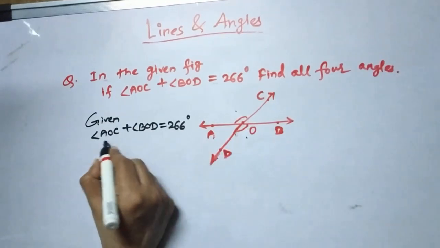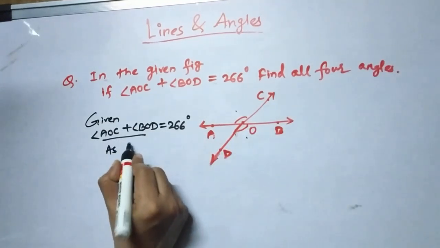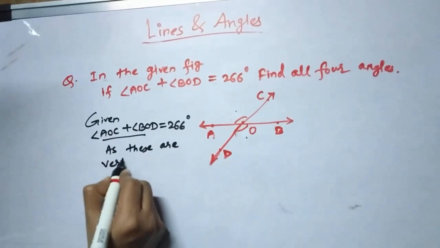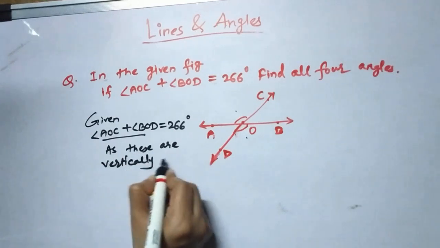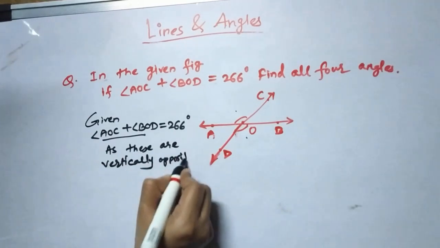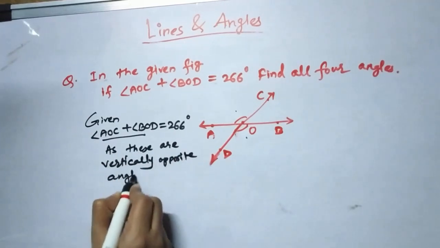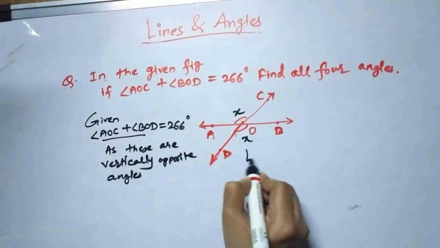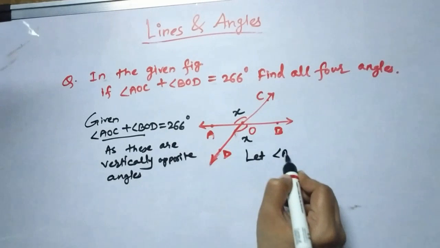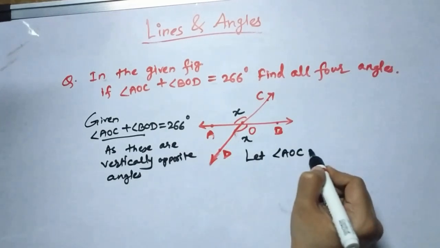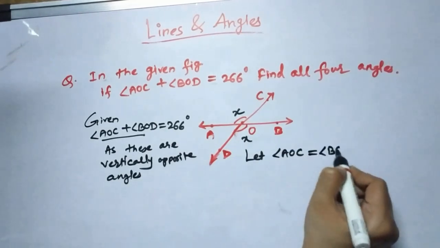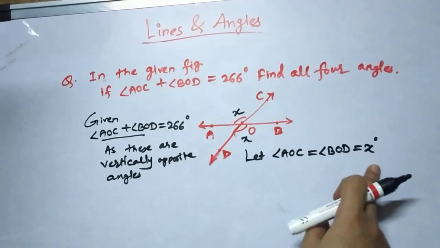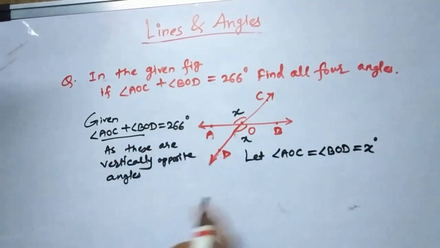So as these two angles are vertically opposite angles, their measure is going to be equal. So let's consider this as x degrees, so this will also be x degrees. So let's consider angle AOC, which is equal to angle BOD, is equal to x degrees.